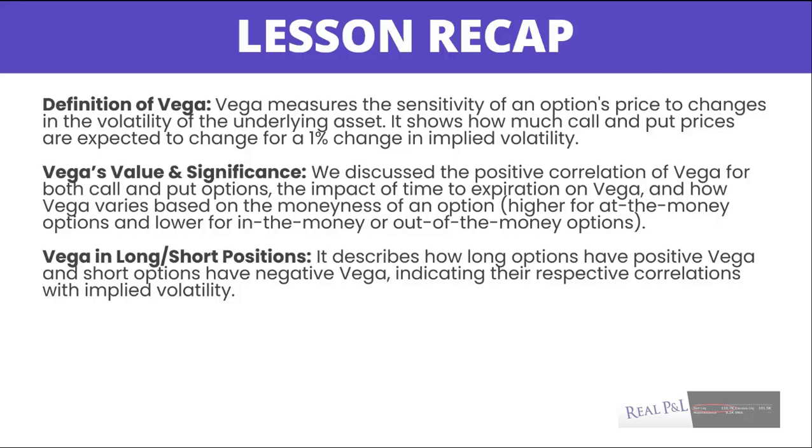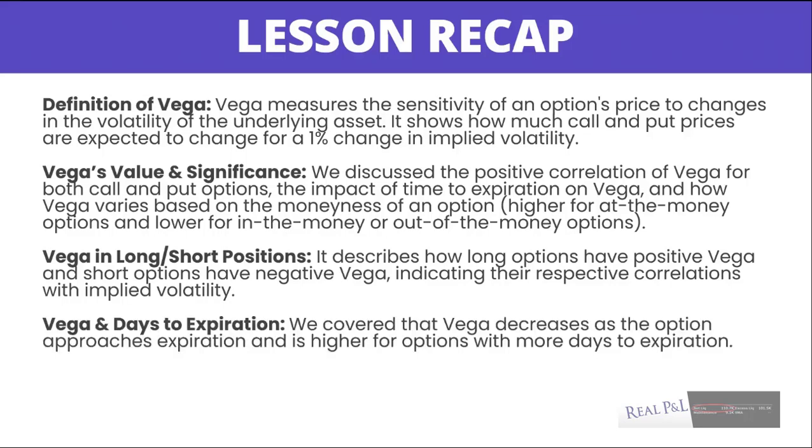Vega in long short positions. It describes how long options have positive Vega and short options have negative Vega, indicating their respective correlations to implied volatility. Vega and days until expiration.